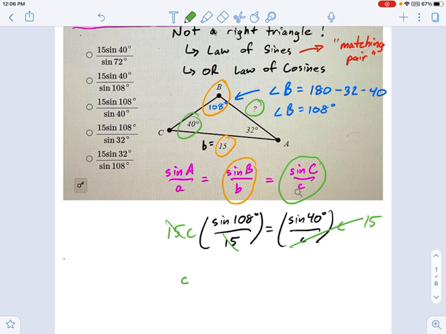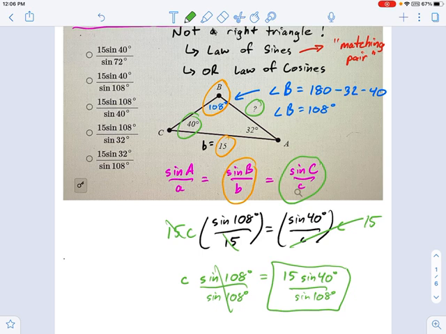I get c times the sine of 108 equals 15 times the sine of 40 degrees. And now I just divide each side by sine of 108, and I have my answer. Right? Over here, those cancel out. All that's left is c. And what we want is to calculate this: 15 times the sine of 40 divided by the sine of 108. And it's in here somewhere. Here we go. Right there.